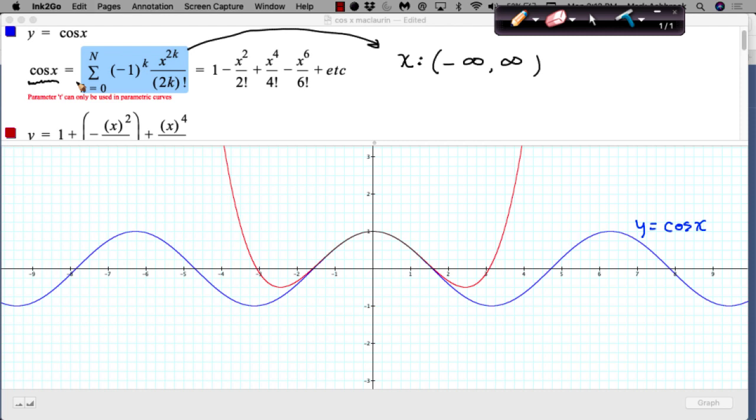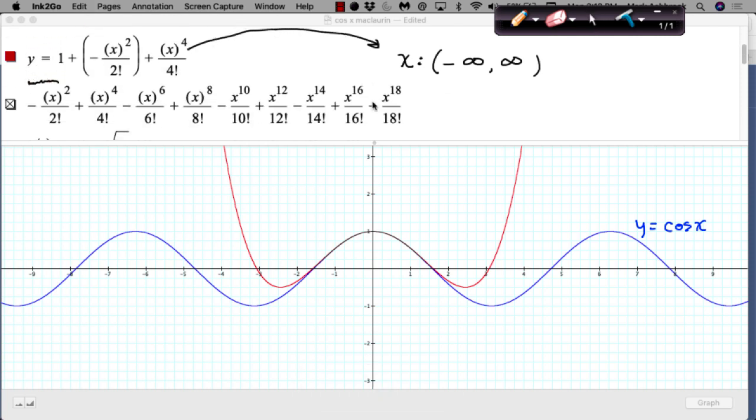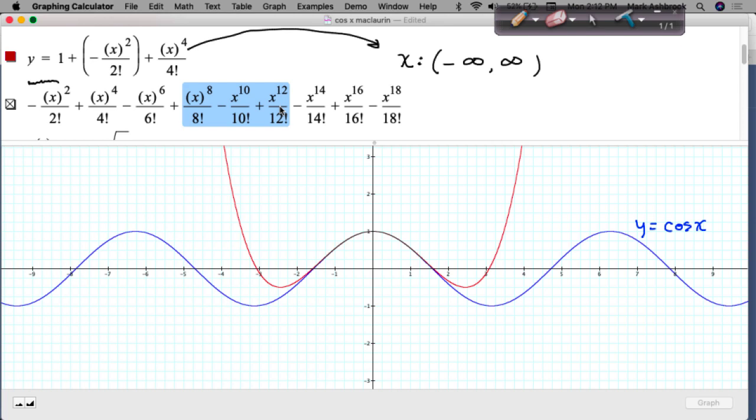And we see that happening, right? As we keep adding more and more terms of the polynomials, what happens to the polynomials then? What's going on? How does it converge? What's happening that it's reproducing cosine x? How does it do it?